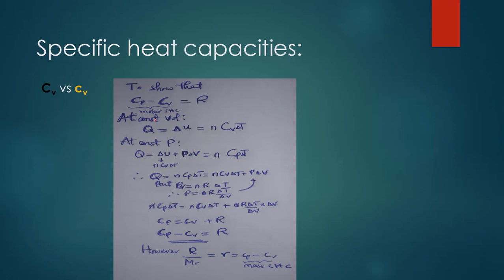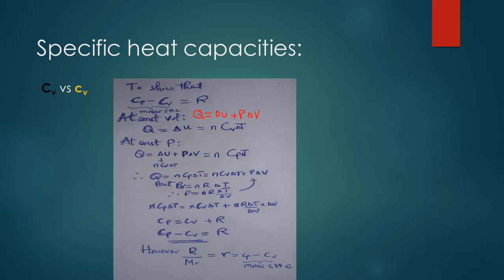But we know that for any thermodynamic process at constant volume there is no work done, since our general formula for a thermodynamic process says Q equals change in internal energy plus work done, which is P times change in volume.